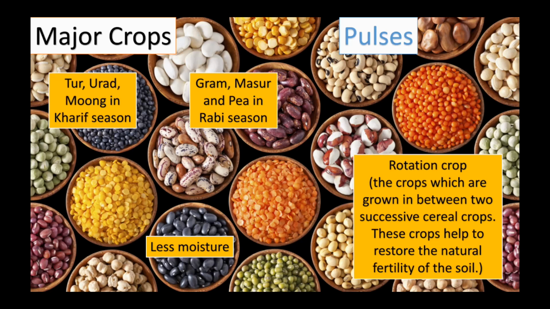Also remember here rotation of crops. What is this? It is used in between the cereal crops. Or you may think pulses are grown in rotation with the other crops as they help in restoring soil fertility by utilizing nitrogen from the atmosphere.